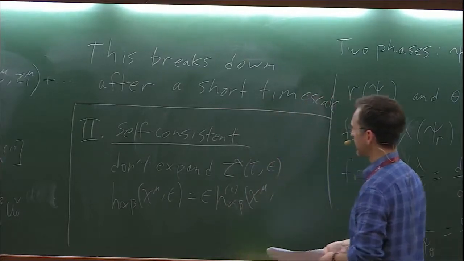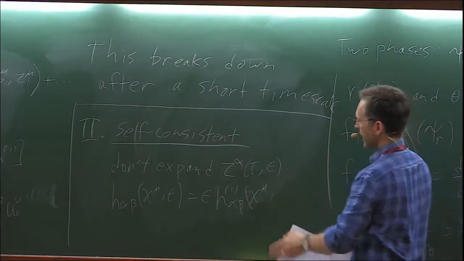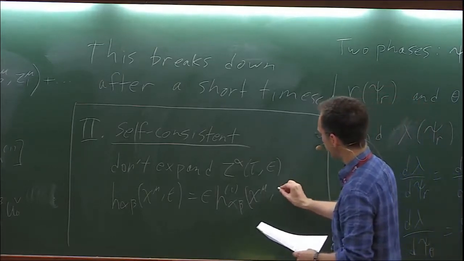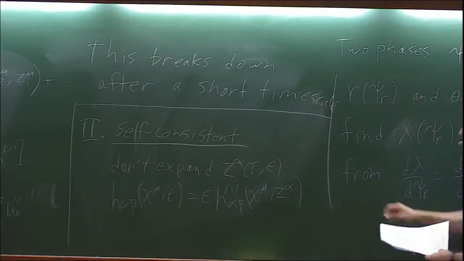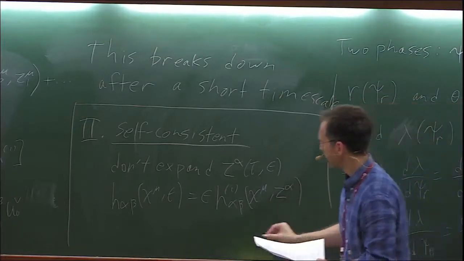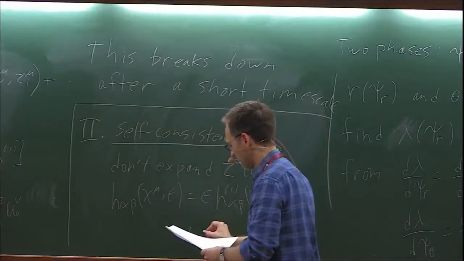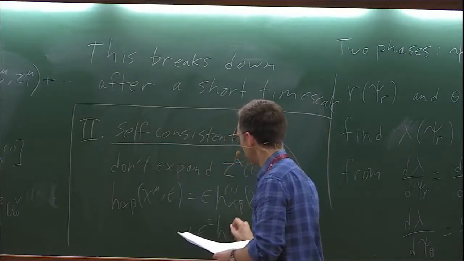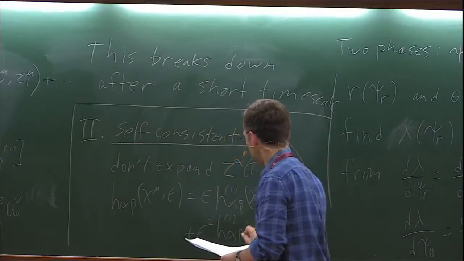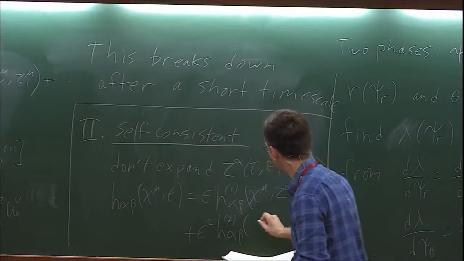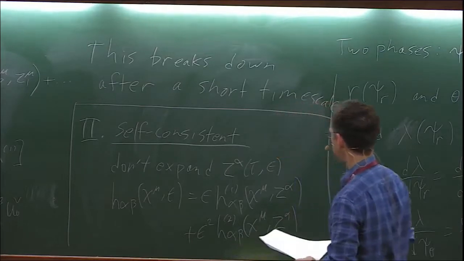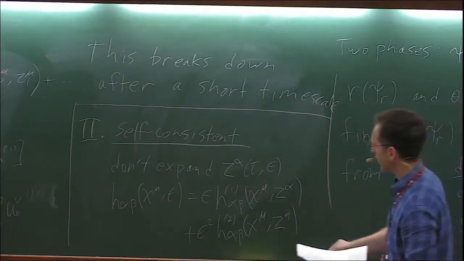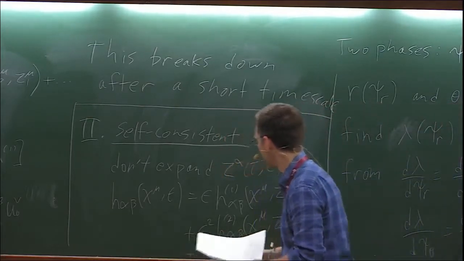Where now it's a function of where you evaluate it, but it's also a function of this full accelerating orbit, Z. And each term in the expansion is going to keep on depending on that accelerated orbit, and so on to higher order.